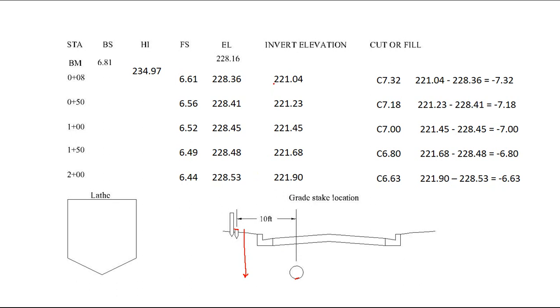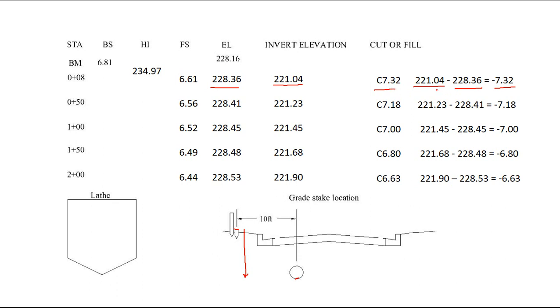Now you've got the invert elevation of the pipe and you've got the elevation of the hub. So if you take the difference, if you take the invert elevation minus the hub elevation, you'll get how far down to go. Okay, these are always going to be negative numbers for pipes that are buried because they're below the ground. And the negative on that number means cut.